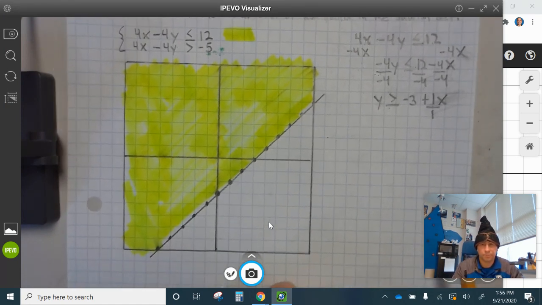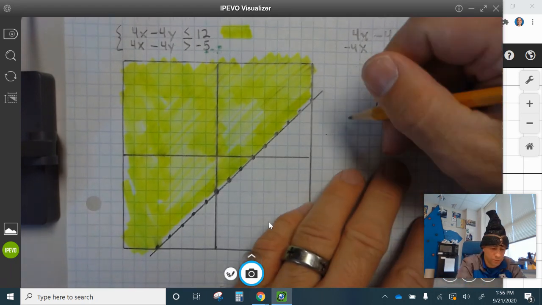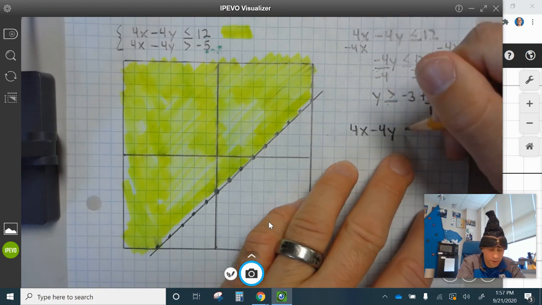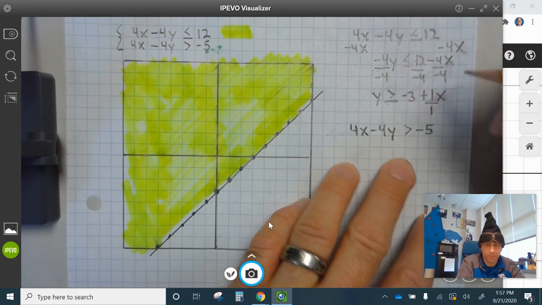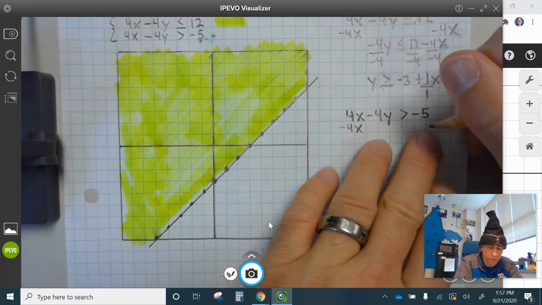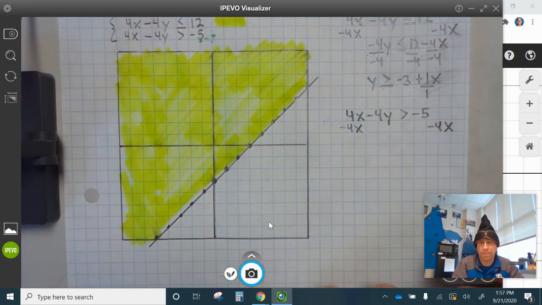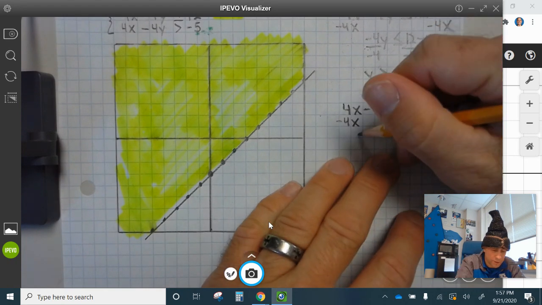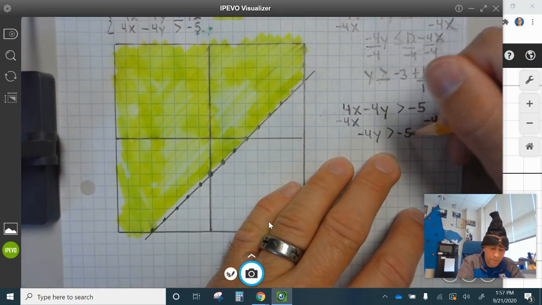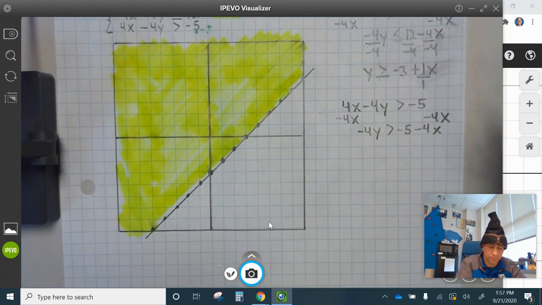All right. Now let's solve this. So 4x minus 4y greater than -5. We're going to subtract 4x from both sides. So then you're left with -4y greater than -5 minus 4x.